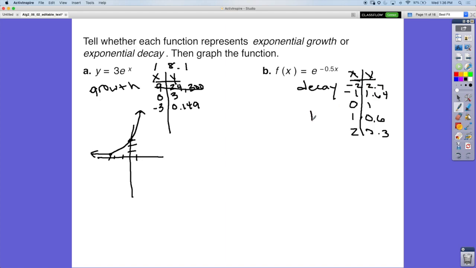Okay, so when you graph this, 0, 1, I'm looking for that point for sure. 1.6, 2.3, negative 1, 1 point something, 1.6, negative 2 is 2 points. So look, it's a curve. I will mark it wrong if you don't have a curve. It's going to look something like that.